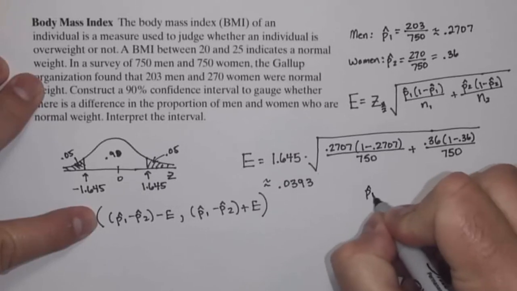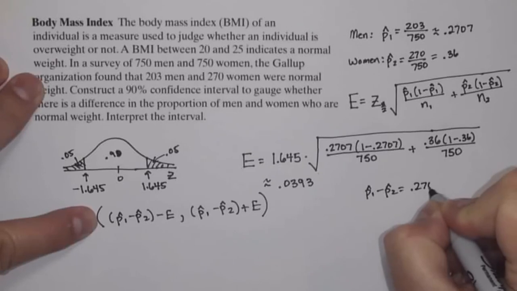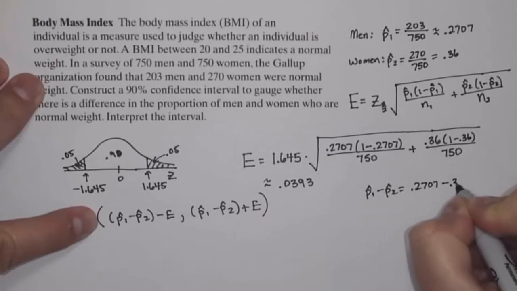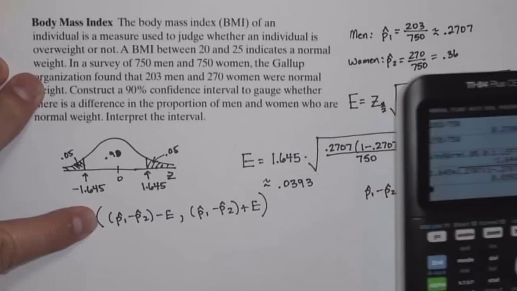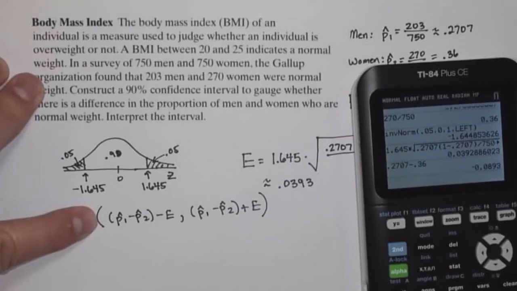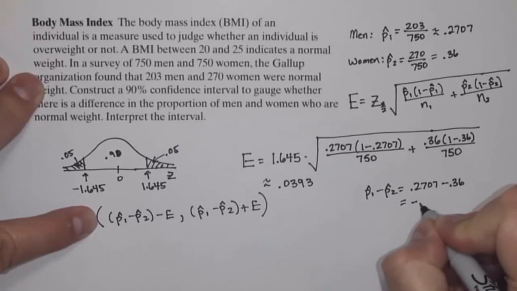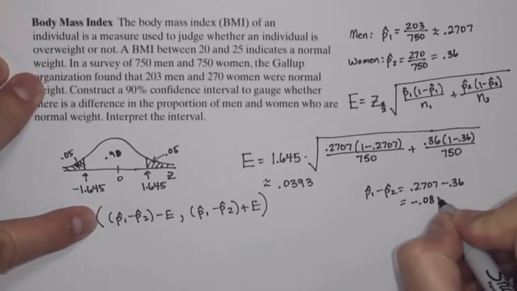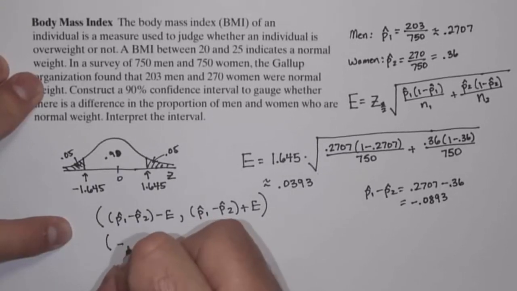Well, p hat 1 minus p hat 2 is going to be 0.2707 minus 0.36. That is the point estimate for the difference. 0.2707 minus 0.36, that is negative 0.0893.